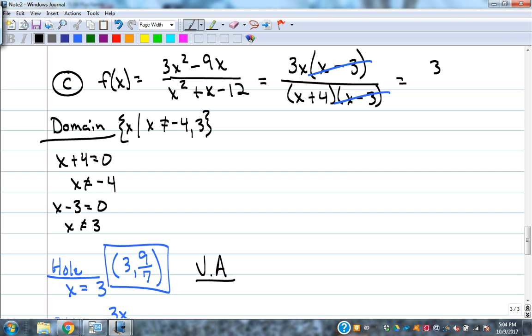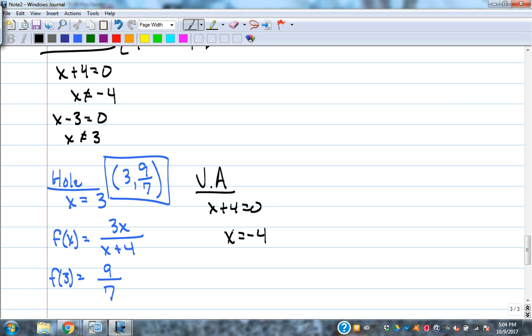I'm going to write the simplified version there. Maybe that makes it easier. What's the only thing left in the denominator? x plus 4. If I set that equal to 0, I get negative 4. So it'd be x equals negative 4. That's my vertical asymptote. The x minus 3 canceled out, so x equals 3 can't be a vertical asymptote. It's gone.